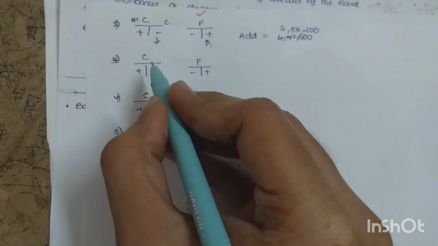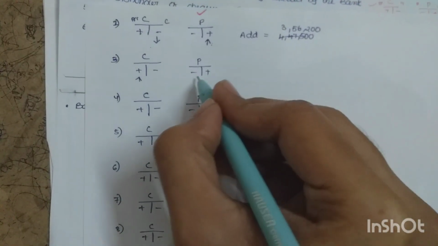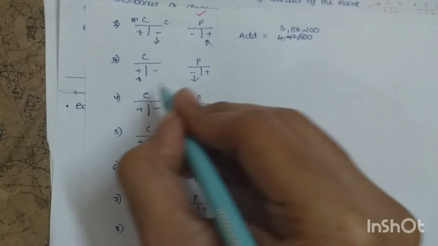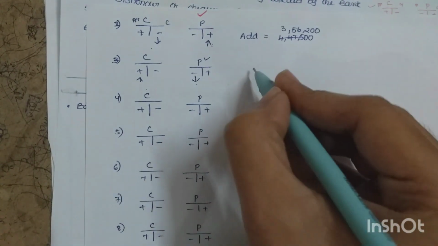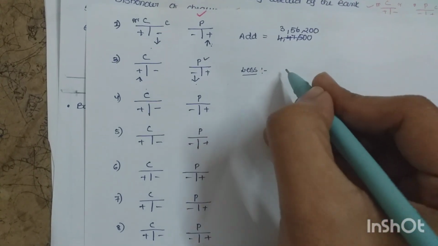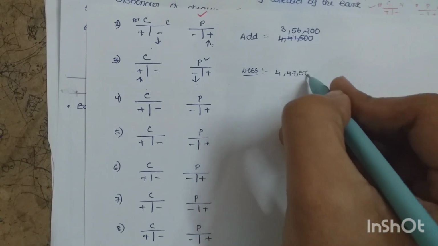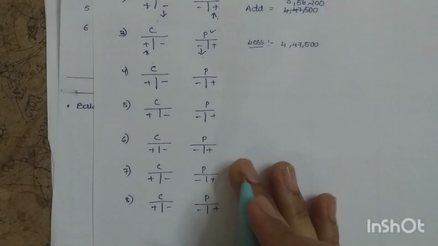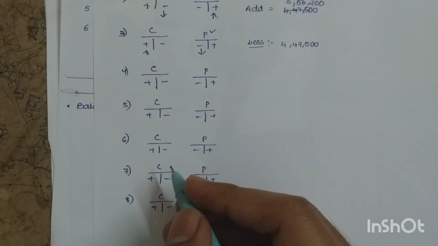See, whenever a check is deposited, I told you in the cash book it is always plus, so automatically the passbook will be opposite. So one is increasing means another will be decreasing. So according to passbook it is showing less. So in the less we will put how much amount? 4,47,500.